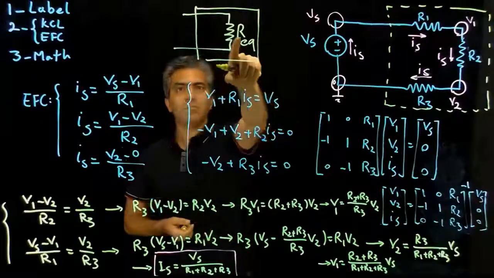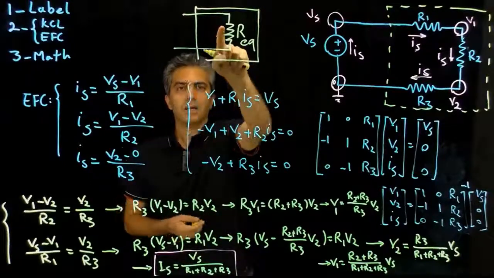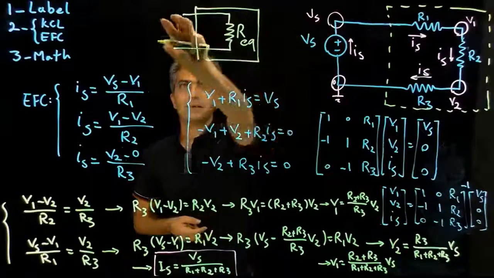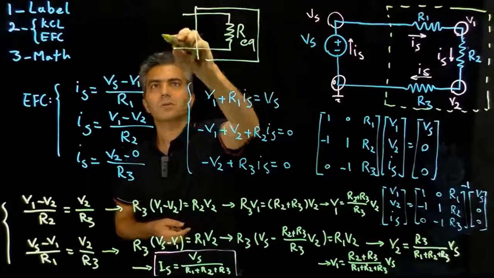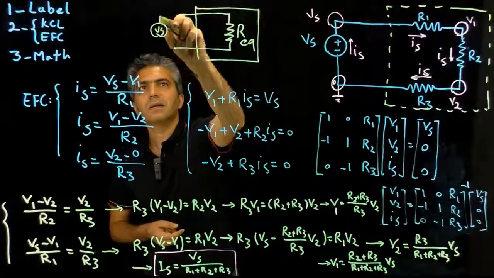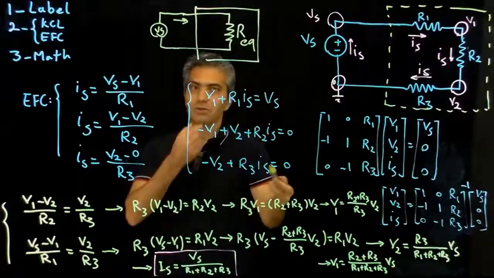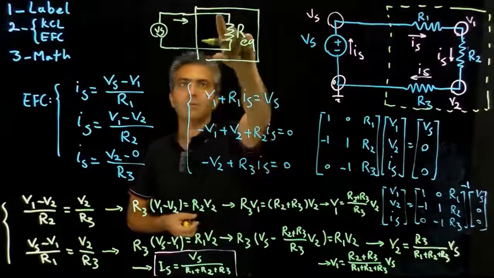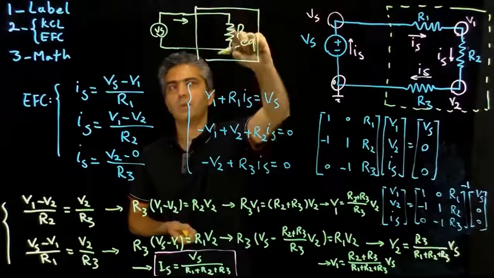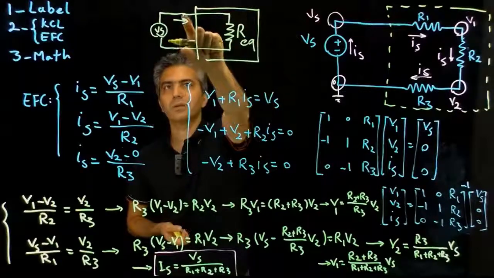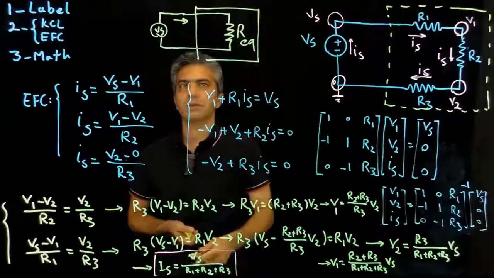So if this box is going to behave the same, if I take the same Vs and connect it to this box, the current that is passing through it is very simple to calculate. We know it's simple Ohm's law. The voltage across this is Vs. The current passing through it is going to end up being Vs divided by the resistance.